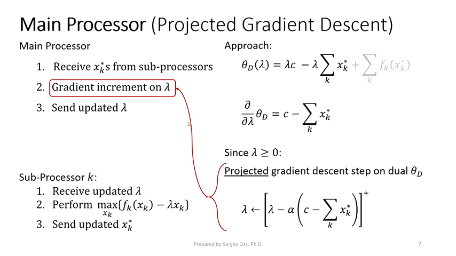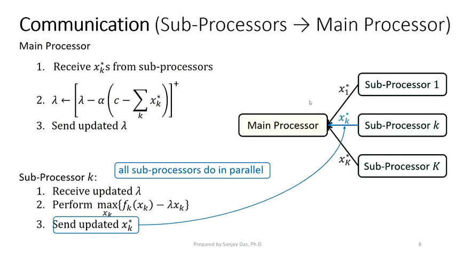Okay, and this is what, in fact, will happen in step 2 of the main processor. So here are these steps. Let's look at one cycle of this whole process. Observe the direction of the arrows: each of these subprocessors sends an xk star to the main processor.